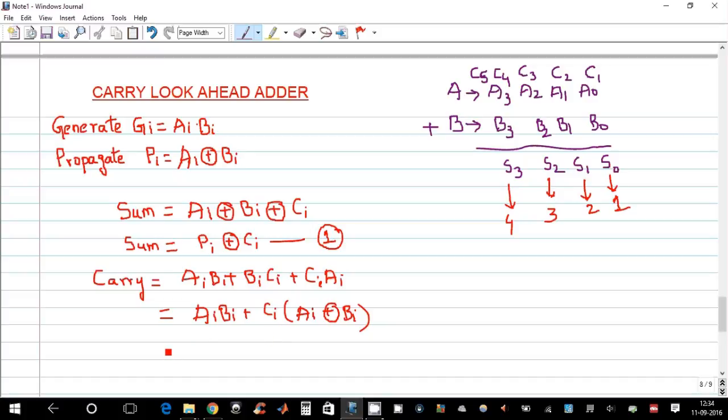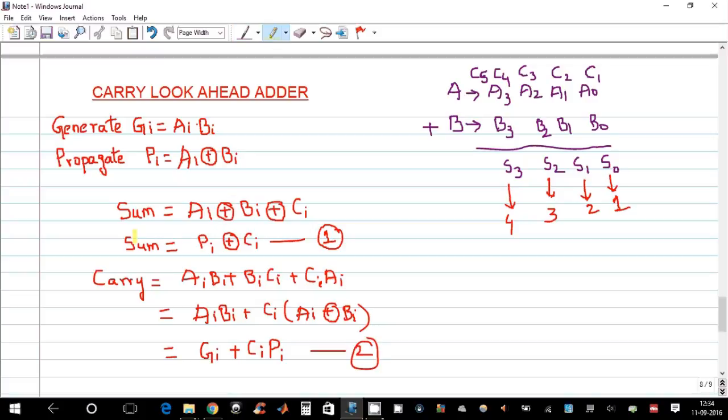You can refer to the previous notes. So this ai into bi is nothing but gi, and ci anyway remains here, and ai XORed with bi is nothing but the pi. So this we are calling expression number 2.